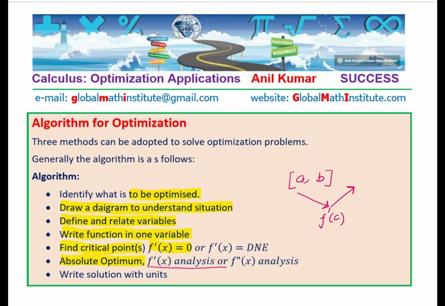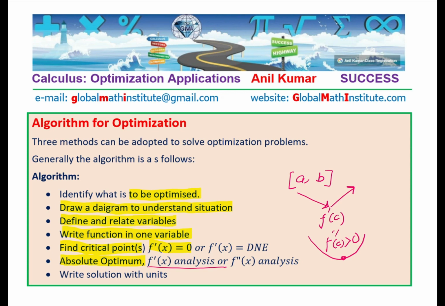The third is the second derivative, which also confirms whether the critical point corresponds to a minimum or not. We're looking for the second derivative at c to be greater than 0. So it's concave up, and therefore that will be a minimum. Any of these three methods can be adopted to answer this particular question. I hope it makes sense.